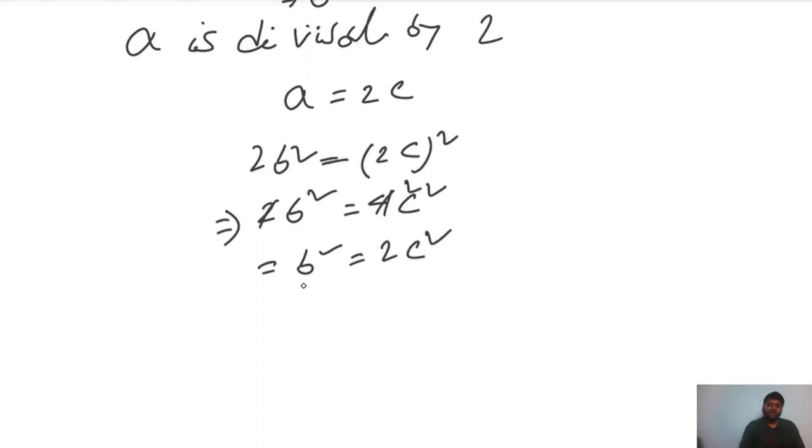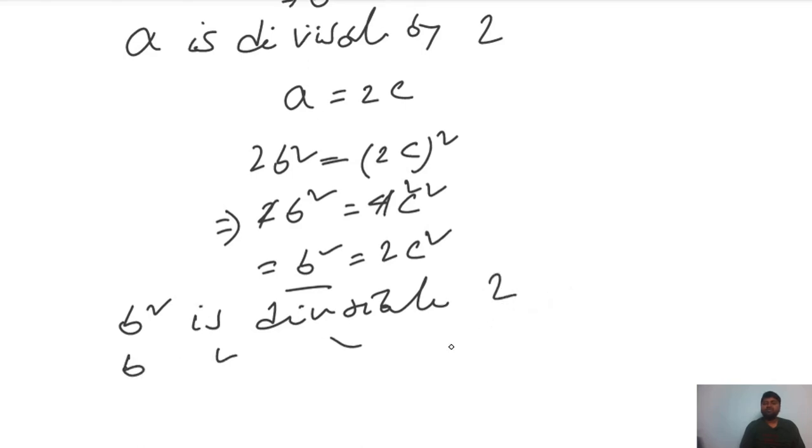Here b square is also divisible by 2, so b is also divisible by 2.